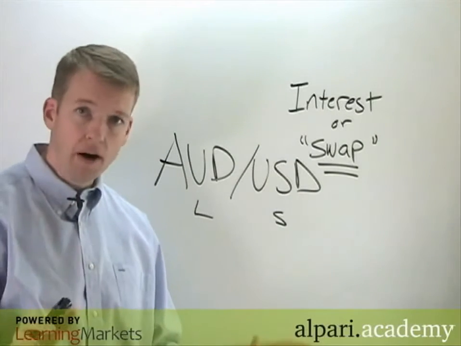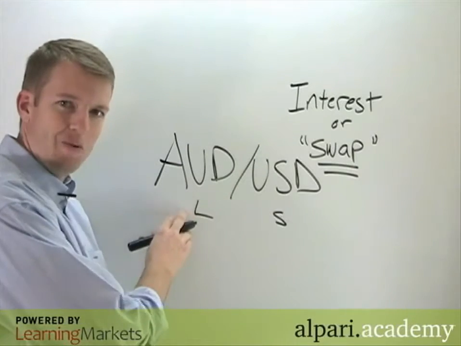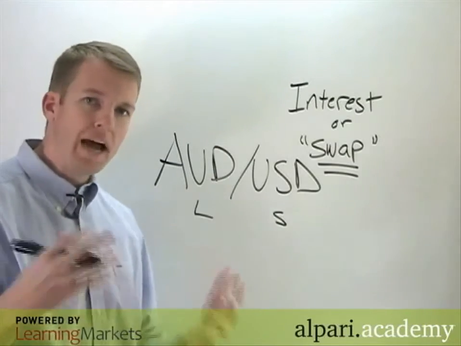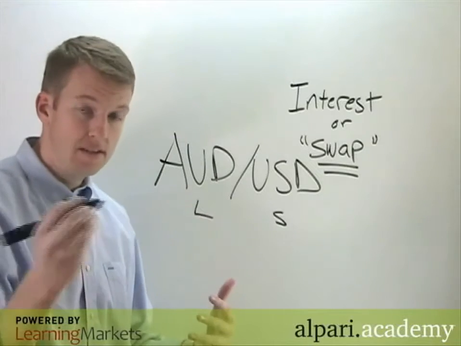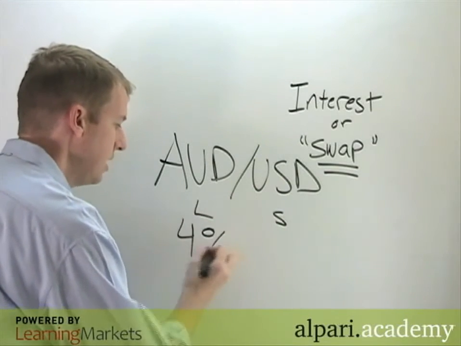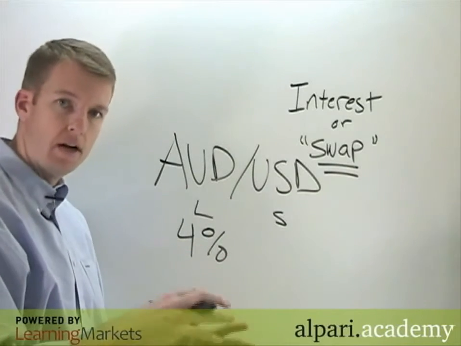Now, if we borrow money, we're going to have to pay something on that, right? And if we own money, we're probably going to get paid interest on that if it were a deposit, wouldn't we? So what happens is that their interest rates are not equivalent from one economy to the next. Here's an example. We have the Aussie at around 4%. Now that's their benchmark interest rate, the interest rate set by their central bank.